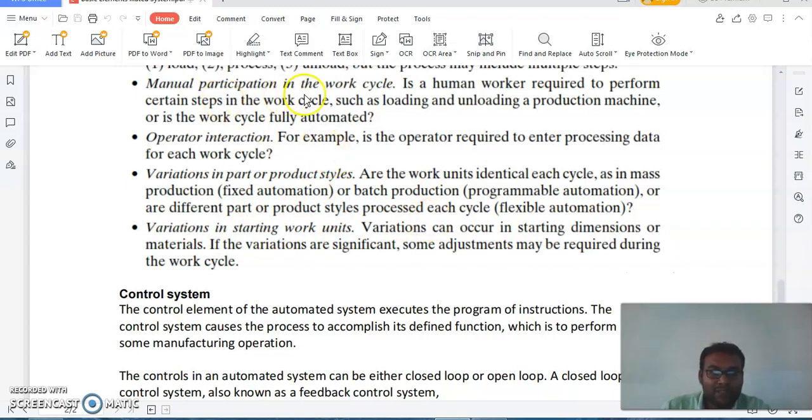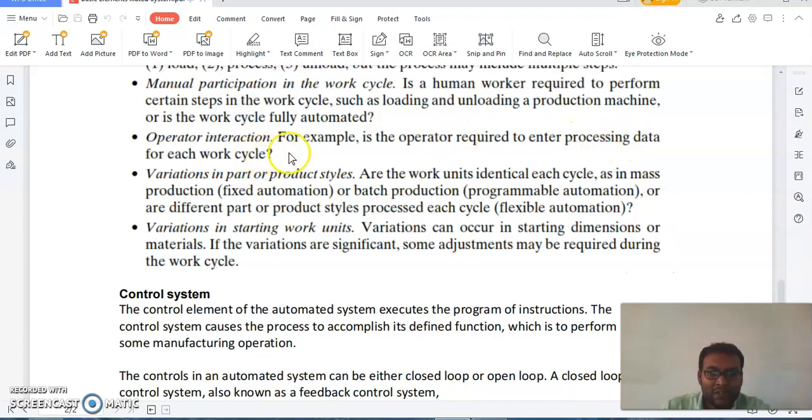In manual participation in the work cycle, is a human worker required to perform certain steps in the work cycle, such as loading and unloading a production machine, or is the work cycle fully automated? We want to determine whether it is a fully automated process or a human worker is required. In operator interaction, is the operator required to enter processing data?